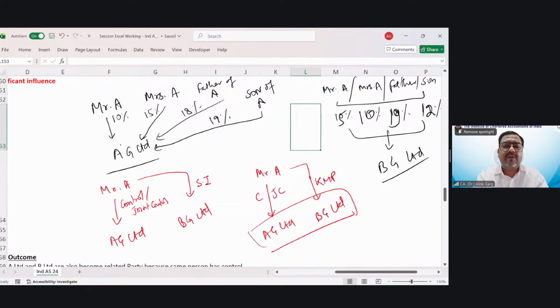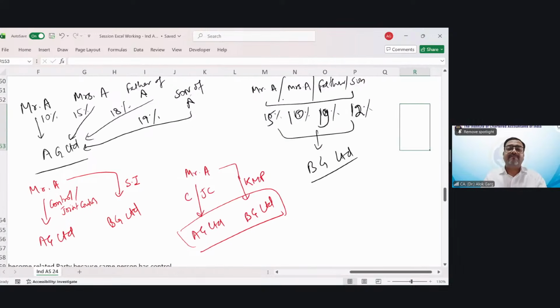holds 10% in AG Limited. Mrs. A, wife of Mr. A, holds 15% in AG Limited. Father of A holds 18% in AG Limited. Son of A holds 19% in AG Limited. So what is the total holding? 10 plus 15, 25. 25 plus 18, how much? 43. 43 plus 19, 62%.